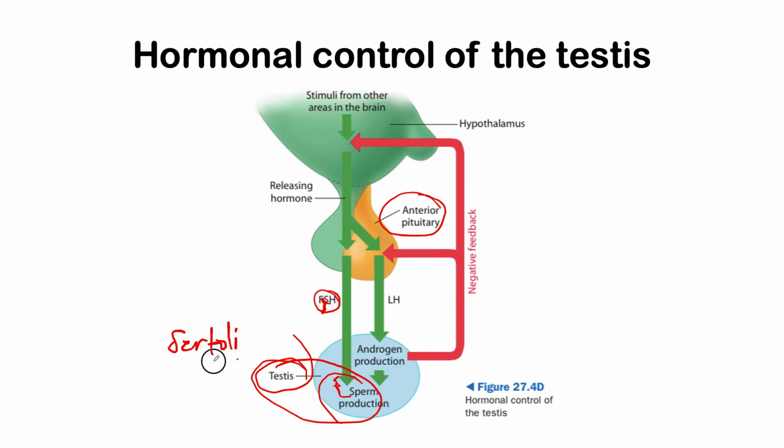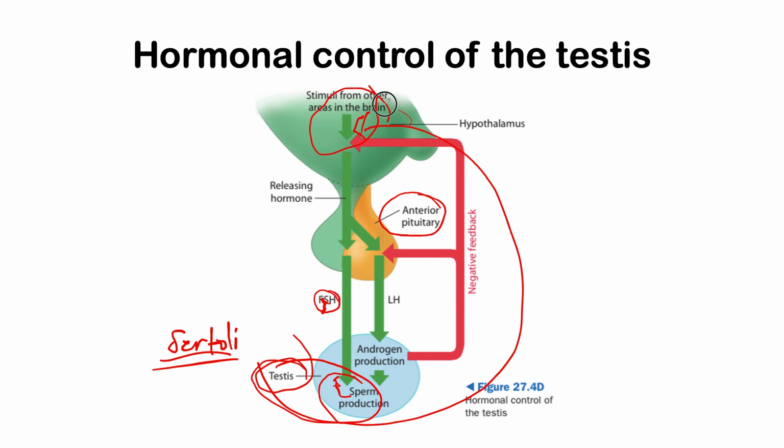At kapag masyado ng maraming sperm cells, magsisend si Sertoli cells ng signal that will actually inhibit the secretion of your GnRH dito sa inyong hypothalamus para ma-stop yung production ng inyong FSH at ng inyong LH. Okay? So you have in there a negative feedback mechanism. So ganun naman yung role ng FSH at ng LH in the male gametogenesis or in the production of your gametes among males.